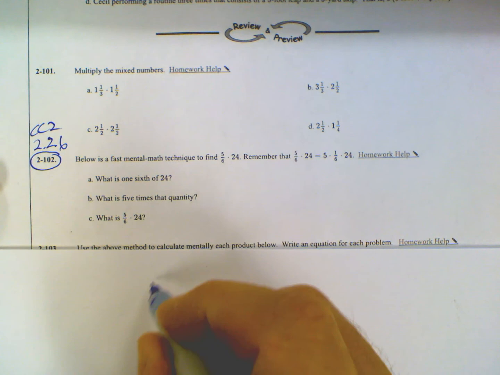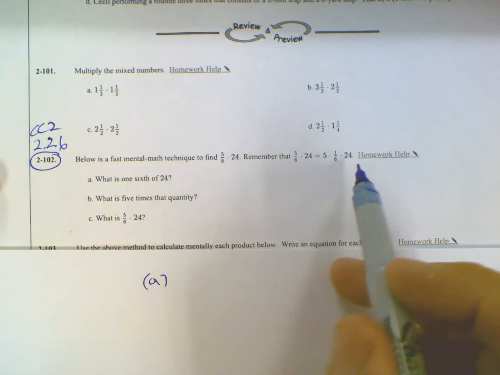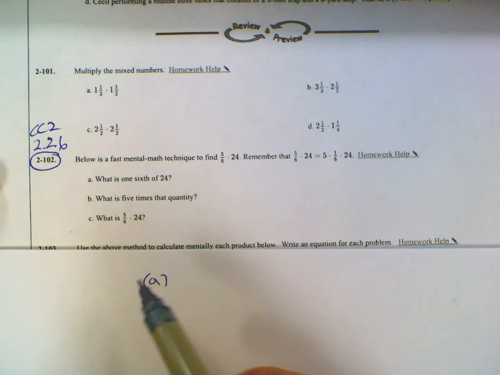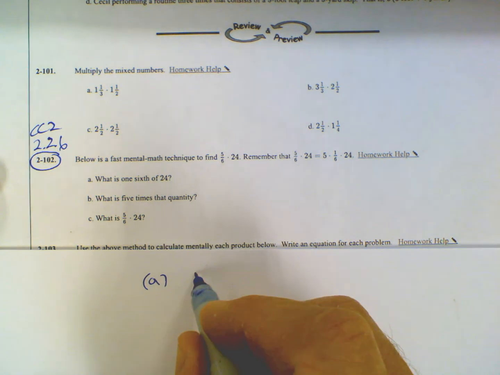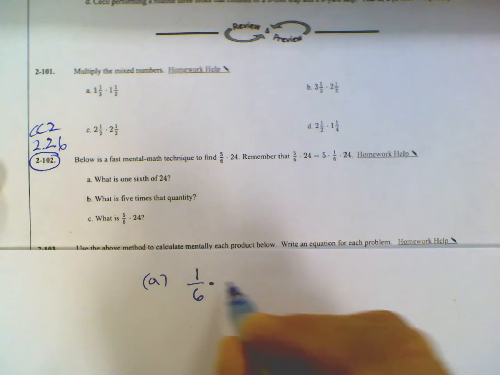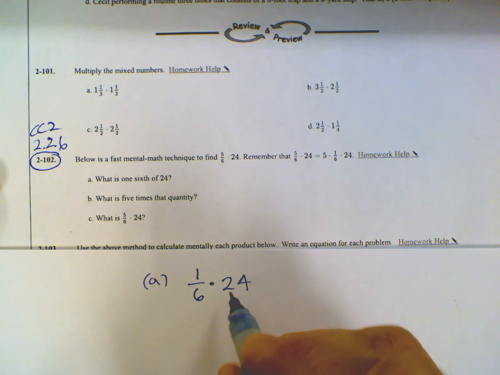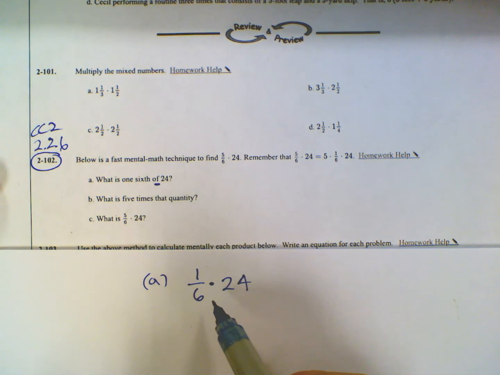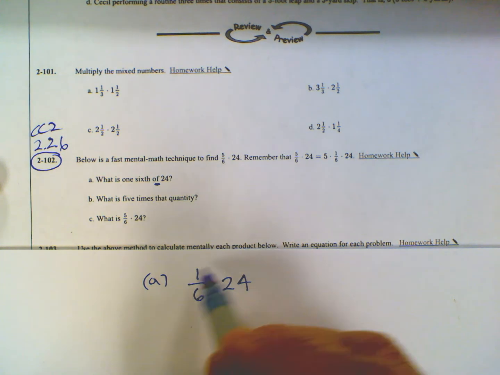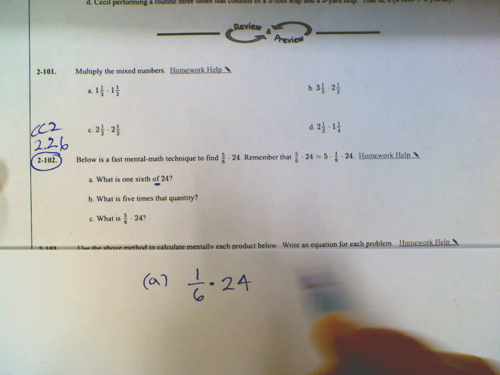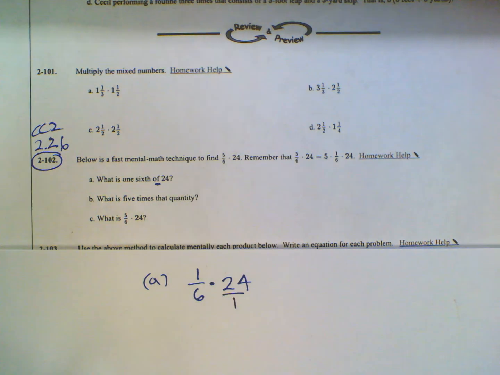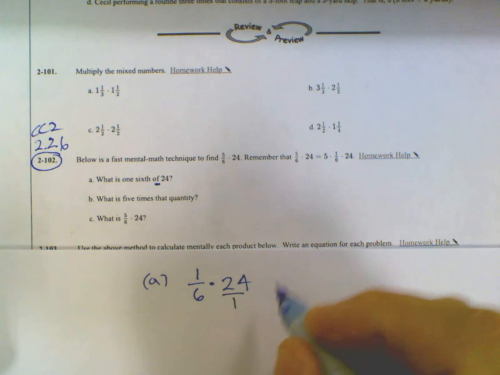So let's look through this and then I'll explain as we go along. What are they saying? Part A is asking, what is 1/6 of 24? When you see the word "of," that word is multiplication. So to multiply 1/6 times 24, remember to take that whole number and put it over 1, and now you have a fraction times a fraction.